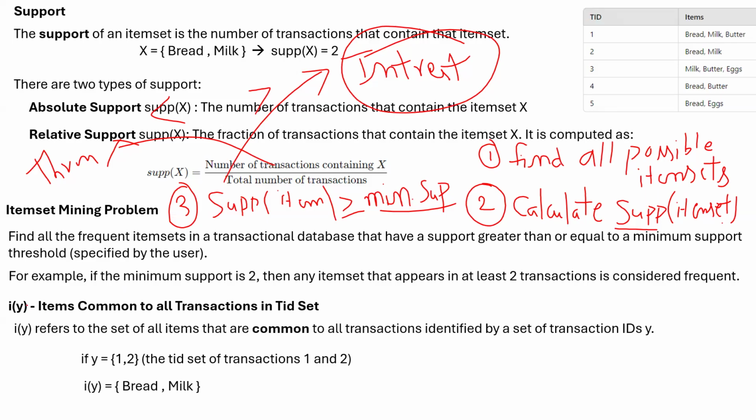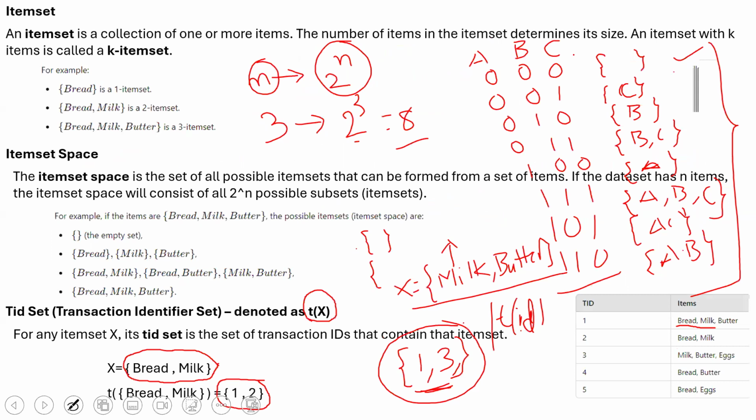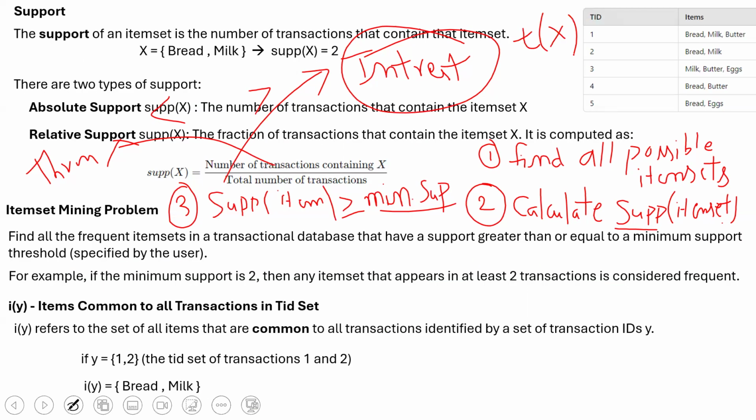This is I of Y: the items common to all the transactions in the Tid set. We have seen T of X. What is T of X? T of X is the transaction identifier set, TID. We call this the Tid set.